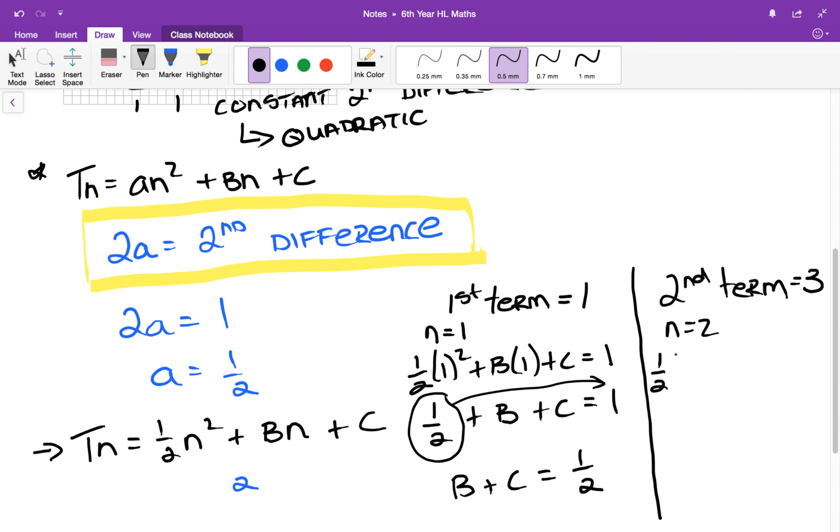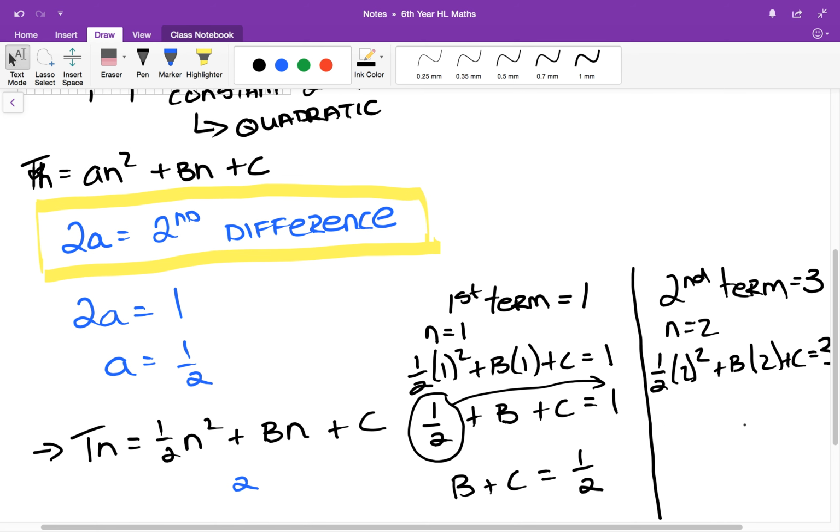Then do the same thing over on this side. So we get a half times 2 squared plus b times 2 plus c, and that equals 3.